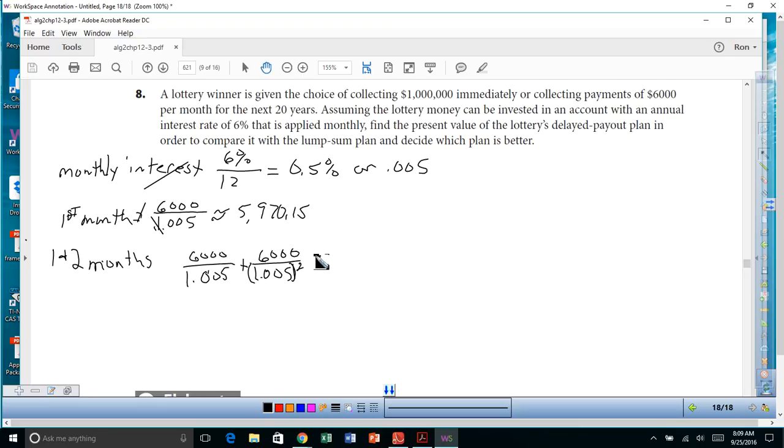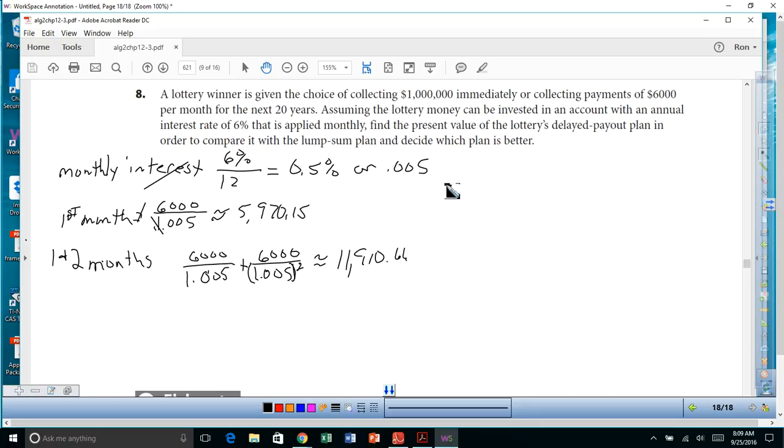And if you put those in your calculator, that's going to come up to approximately $11,910.66. Okay, that's the present value of 2 payments.